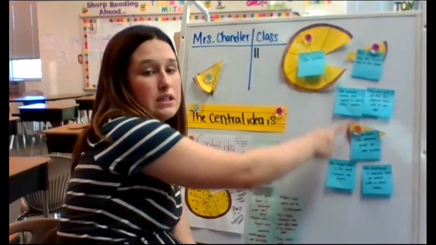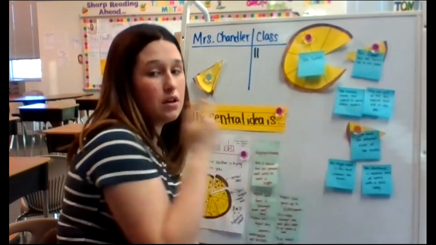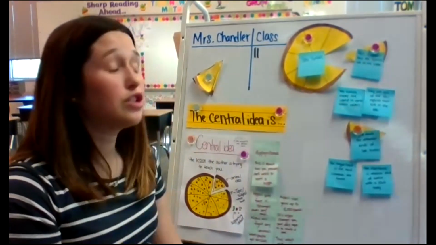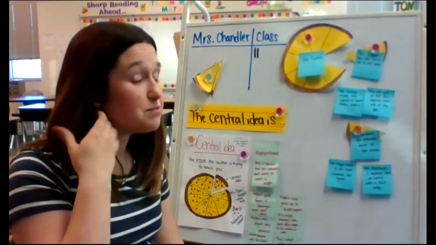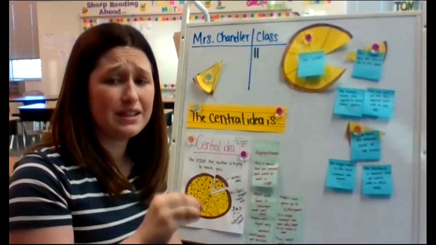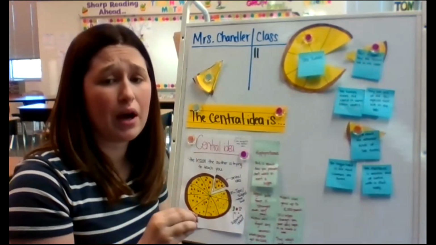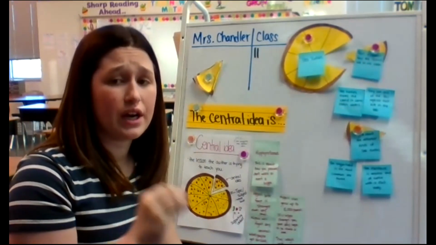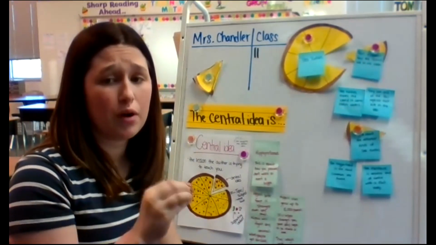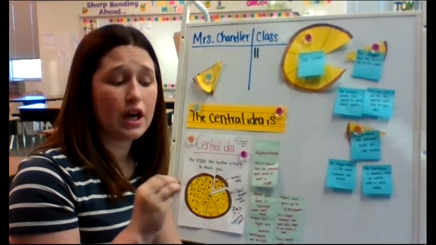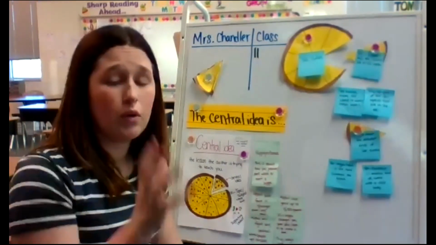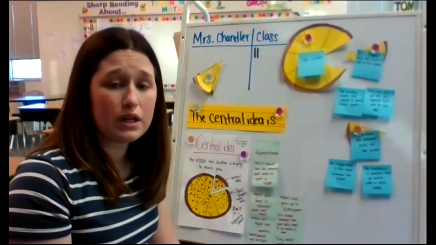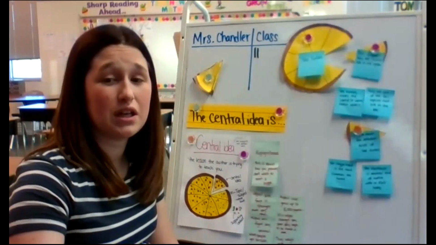I have my supporting details, and I have my central ideas. So we have to make sure when we're looking for what is it mostly about? What is it talking about? What is my author trying to tell me from this chapter, from this heading? What is my author trying to tell me? And I want to know, and I want to get those details out that support it so I can say, well, my author was telling me this because of this.